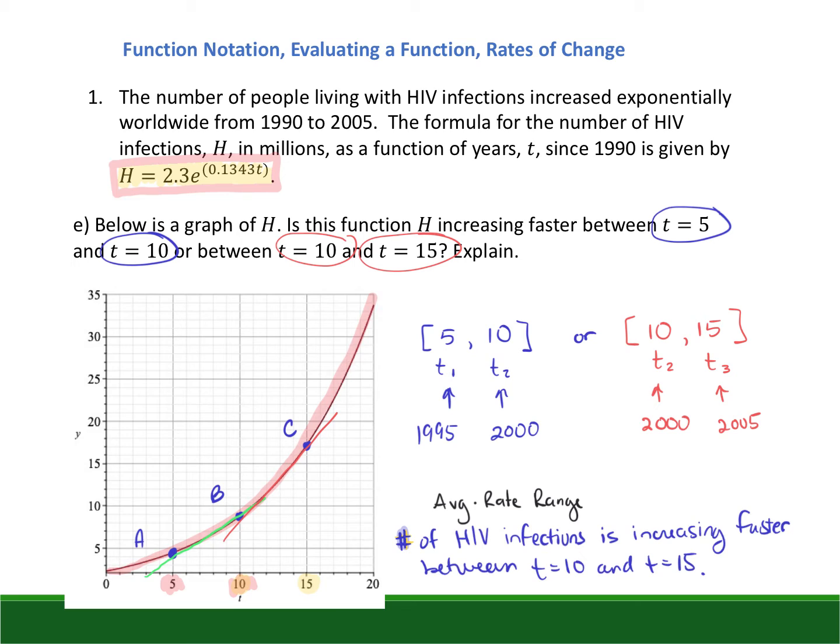The explanation is that the line connecting the points between t equals 10 and 15 is much steeper than between the points where t is 5 and t is 10. In the next question, question F, we will actually calculate that rate of change, so we can come up with a numerical value that represents the steepness of those two lines.